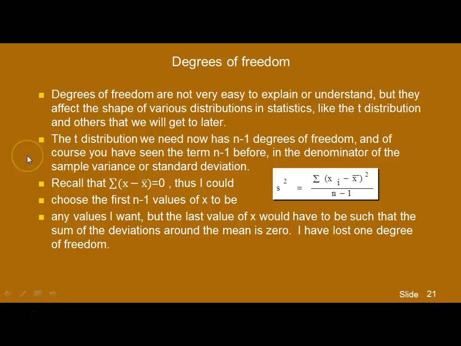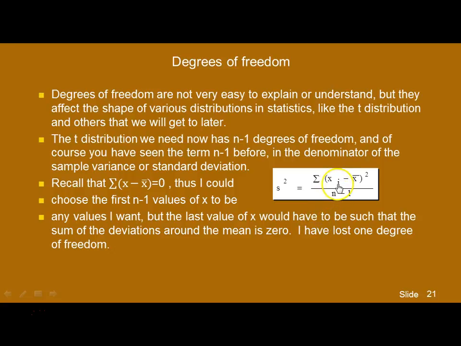You've seen the term n minus 1 before, back in Module 3 when we calculated a sample variance, s squared. We divided by n minus 1 rather than n. One of the reasons for that is that s squared is said to be a statistic that has n minus 1 degrees of freedom. What I mean by that is as follows.